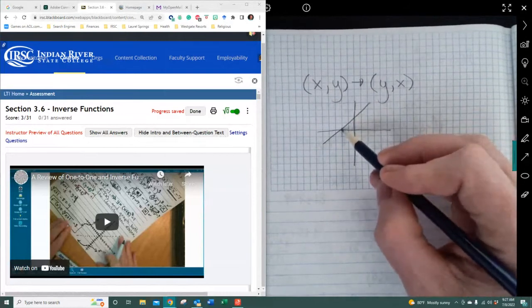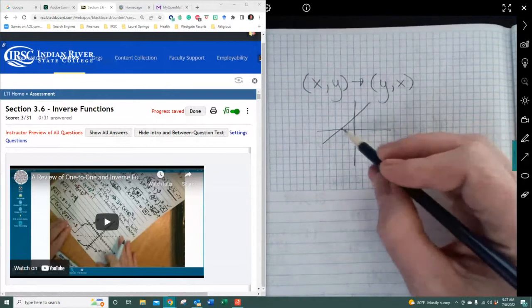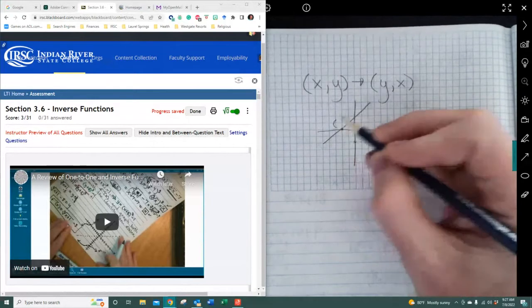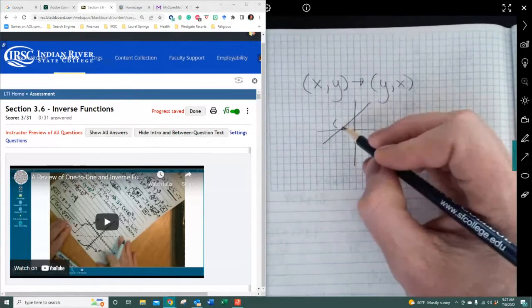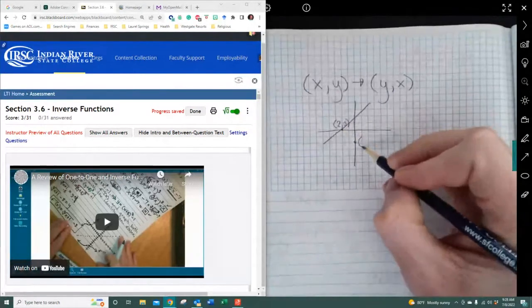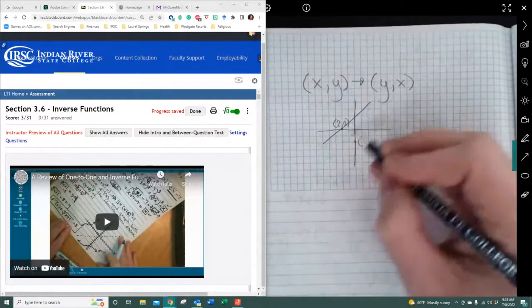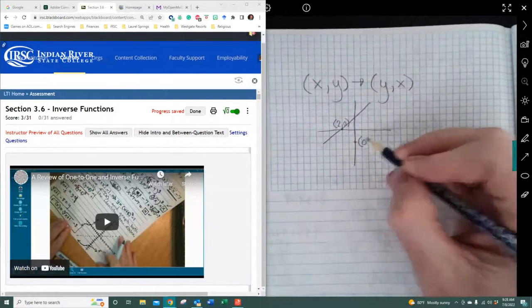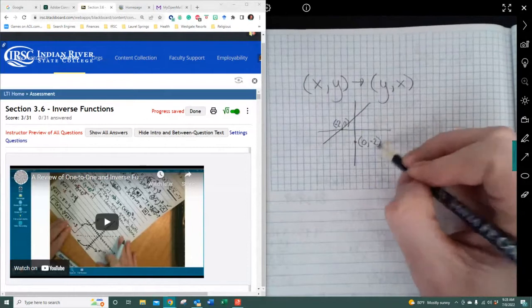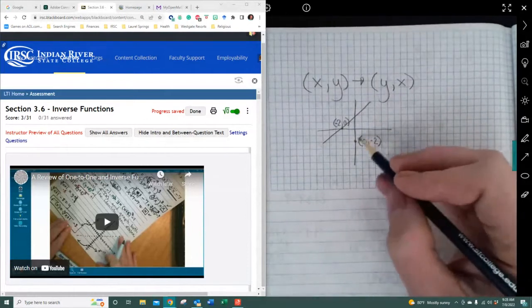For example, let's say this is the coordinate point here, the inverse of that would be here. When we look at this (2, 0), it now becomes negative because we're flipping it, and it becomes (0, -2). Okay, so we have the inverse.